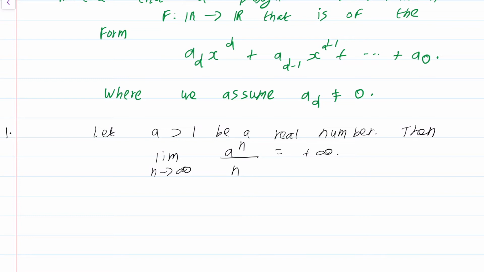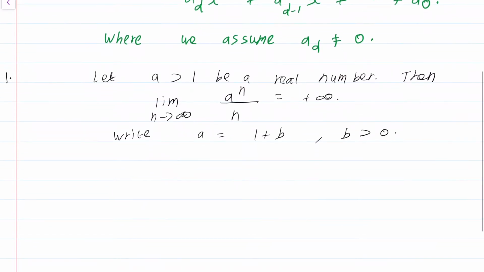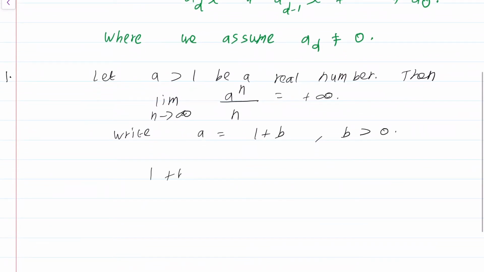Well, again, we are going to use the binomial theorem. What we do is write a to be 1 plus b, where b is greater than 0. Consider (1 plus b)^n by n.